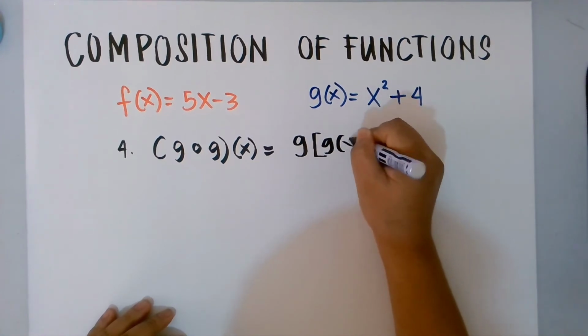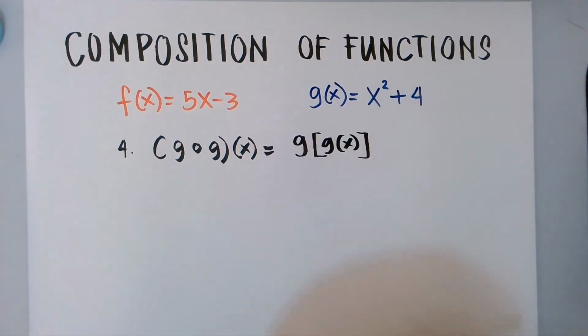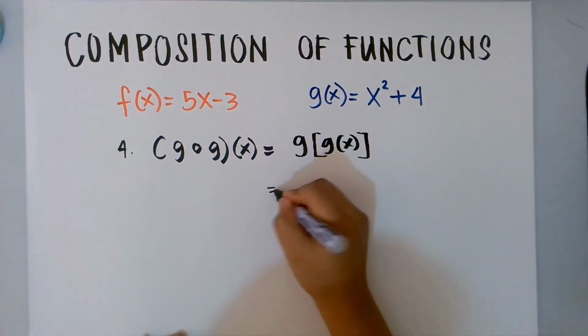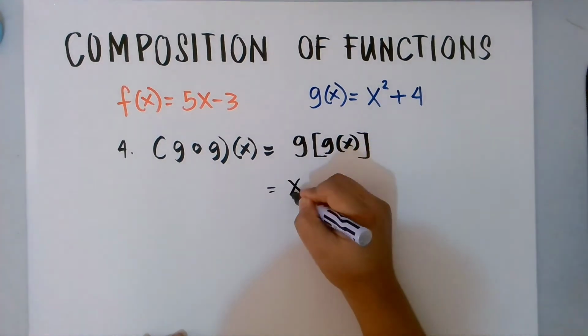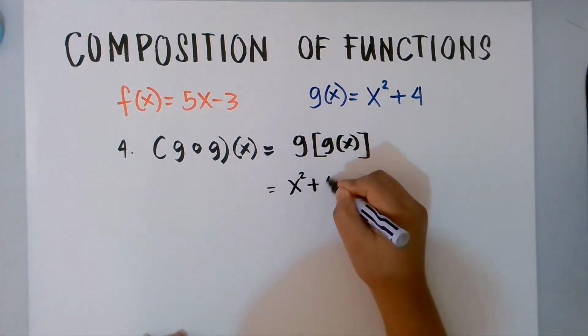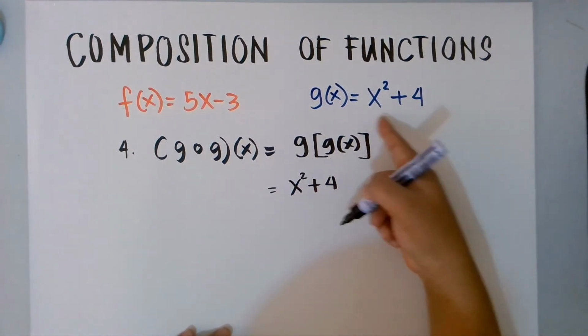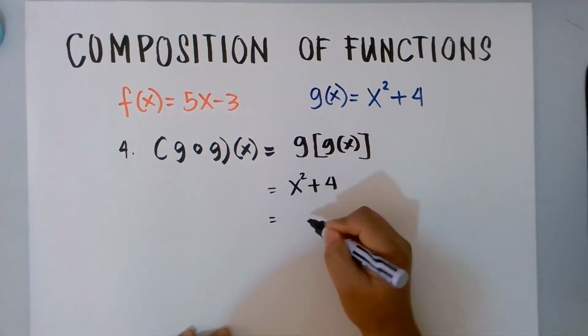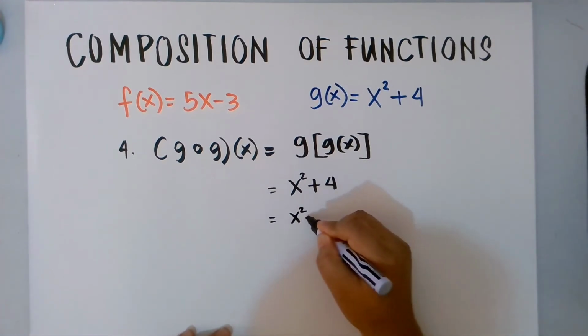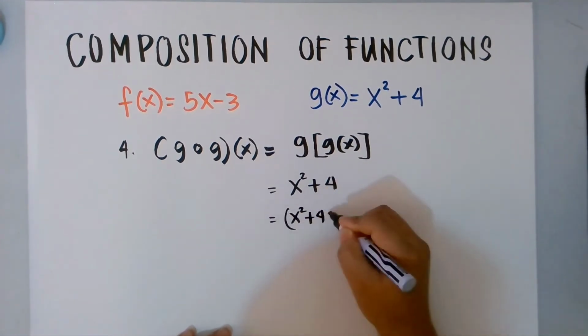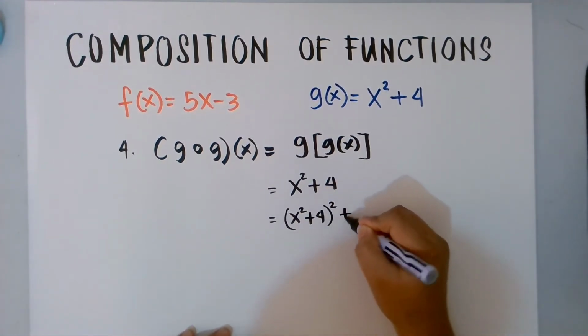And of course, its x is also g of x. So let's rewrite the g of x, that is x squared plus 4. And we will replace the x with x squared plus 4 also. So it will be x squared plus 4 squared, then plus 4.